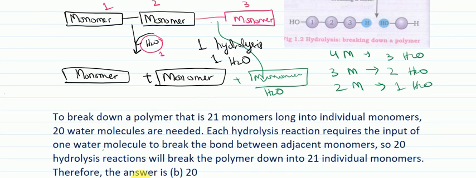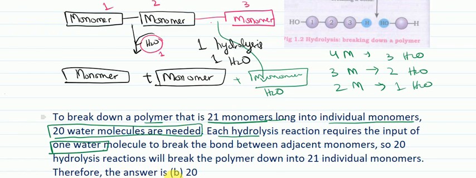So to break down a polymer that is 21 monomers long into individual monomers, meaning to completely hydrolyze it, 20 water molecules are needed. Each hydrolysis reaction requires the input of one water molecule, right? As I explained earlier, each hydrolysis reaction requires one water molecule to break the bond between the adjacent monomers.